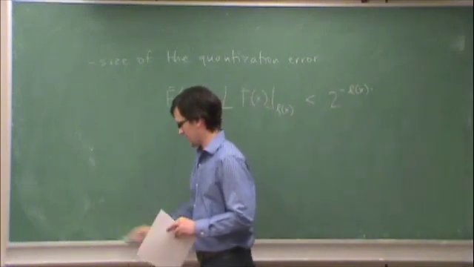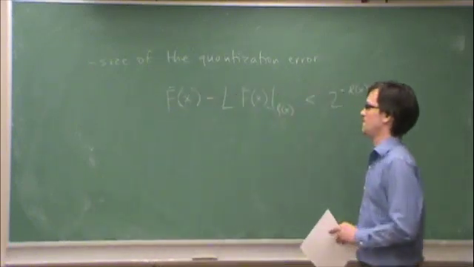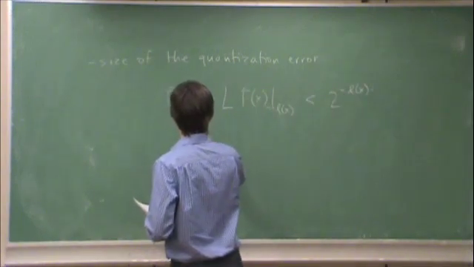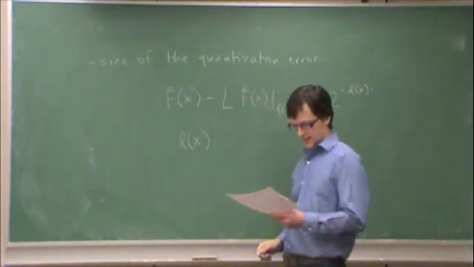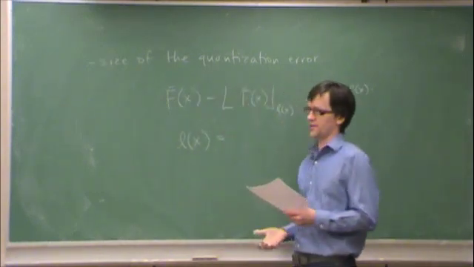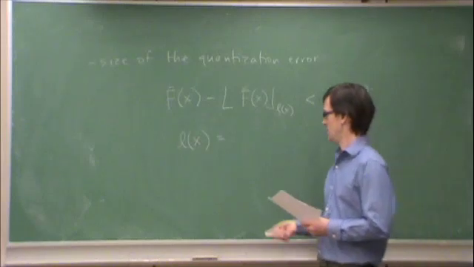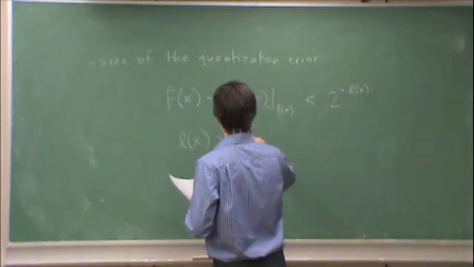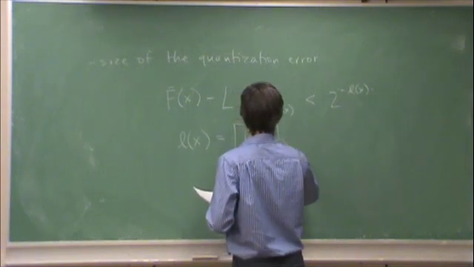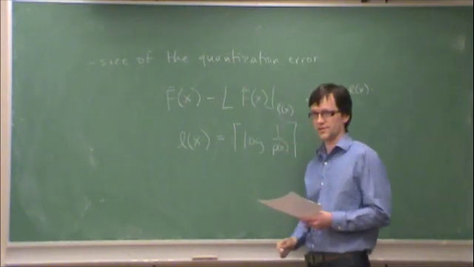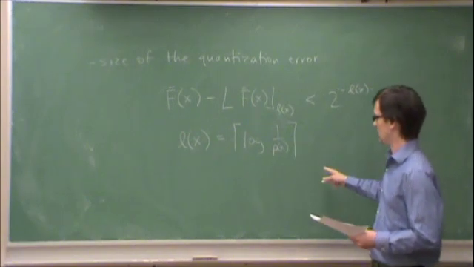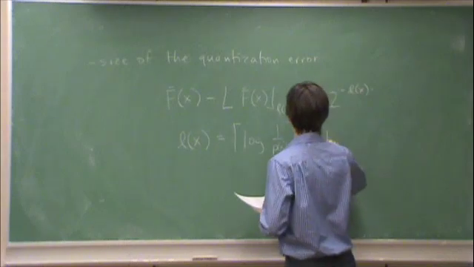Okay, now what I'm going to do is select L of x. What we're going to say is that L of x is equal to, now, we said there exist prefix codes with ceiling log 1 over p of x bits. There must exist a prefix code like that. Here I'm going to take ceiling log 1 over p of x, plus 1.